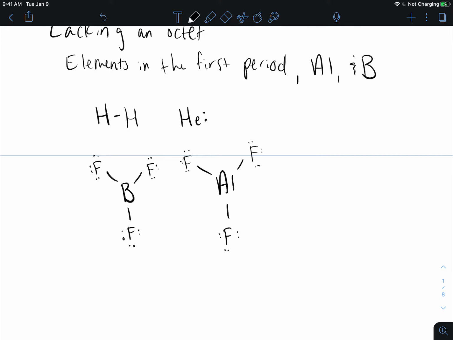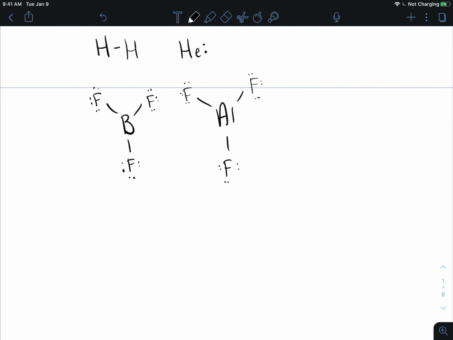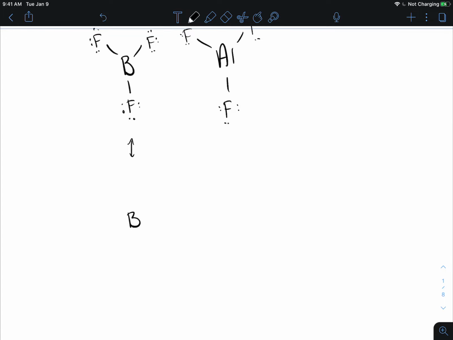It's really only boron and aluminum that you have it with, but what you see is if you try and get an octet with these, for instance, if you move one of the electron pairs into a bonding site, you get a positive formal charge on a fluorine, which is horrendous, and a negative formal charge on a boron, which is also horrendous.